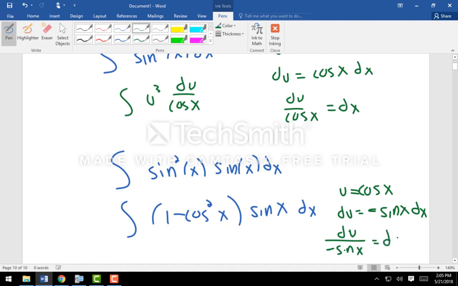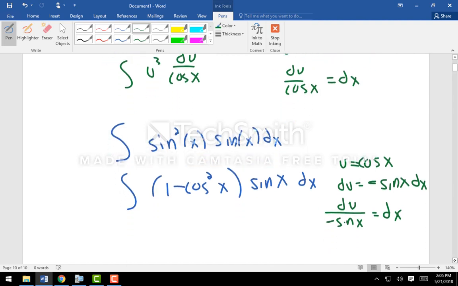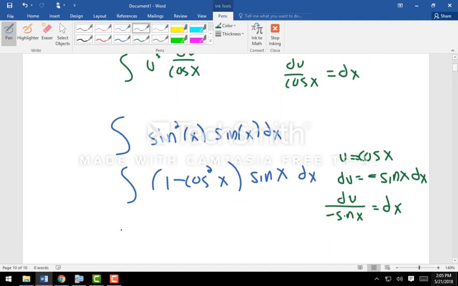Now when I plug everything into my integral, we'll see the cancellation occur. We have the integral of 1 minus u squared, times sine x, and the dx is du over negative sine.